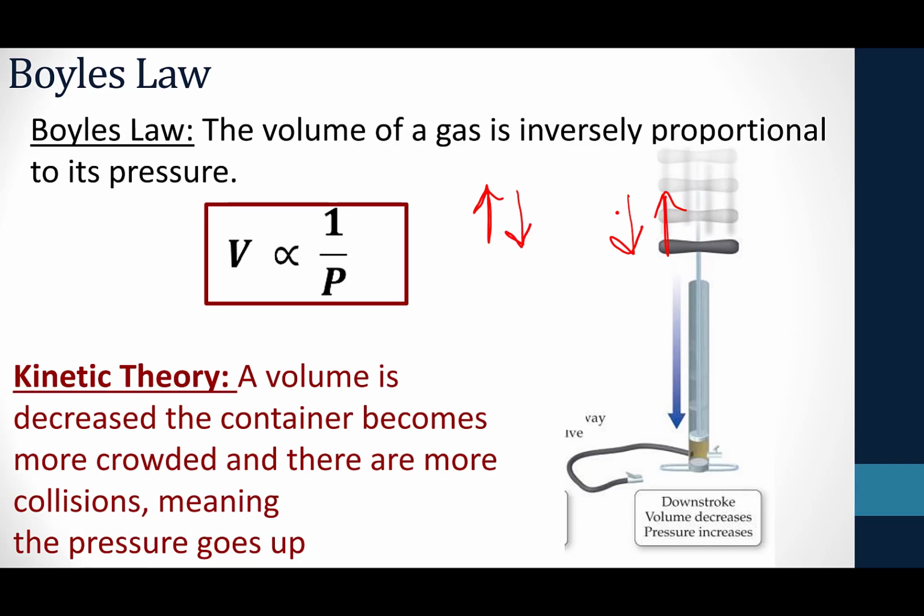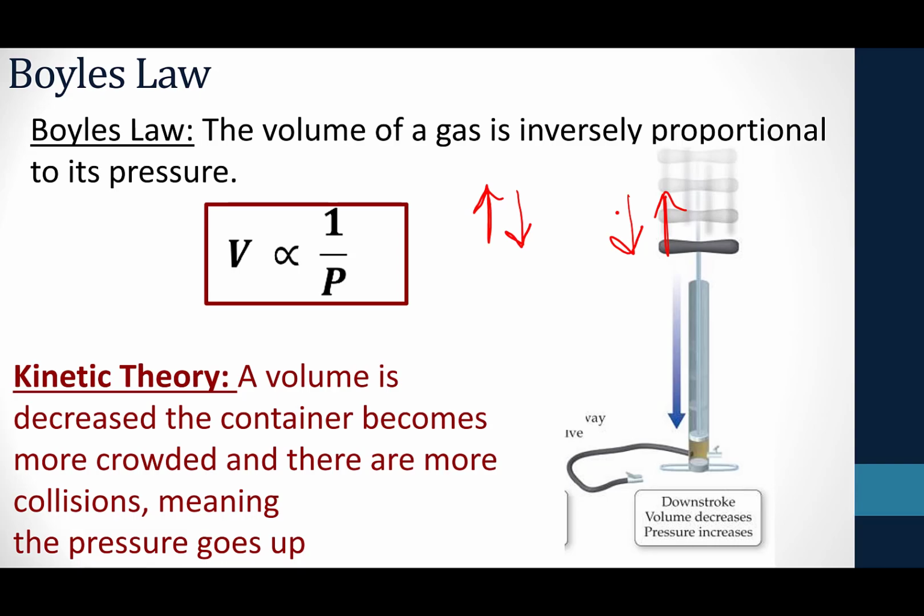As the volume in a container decreases, if we're holding the amount of our gas constant, it becomes more crowded. More crowded means there are more collisions with the side of that container, and more collisions register a higher pressure. So more crowded, more collisions, higher pressure.